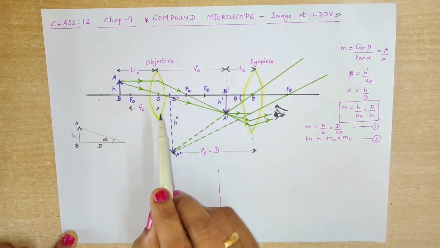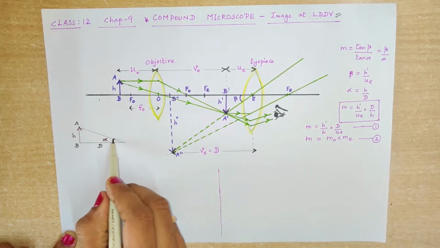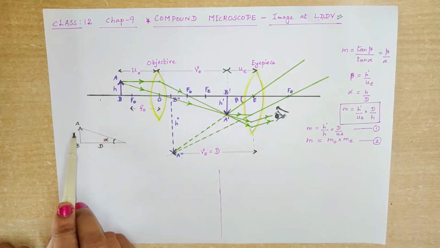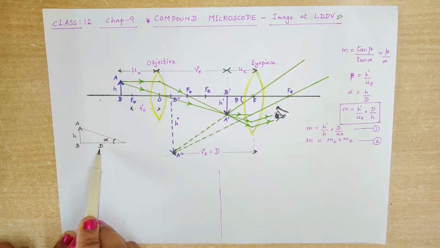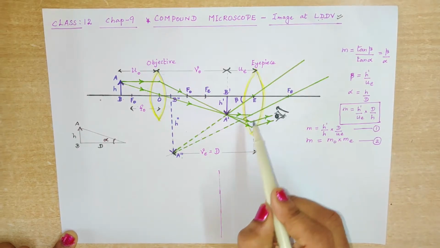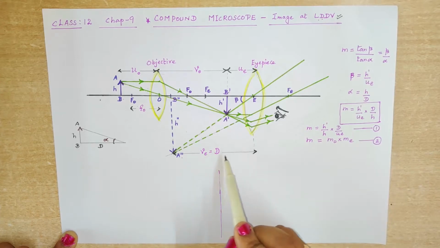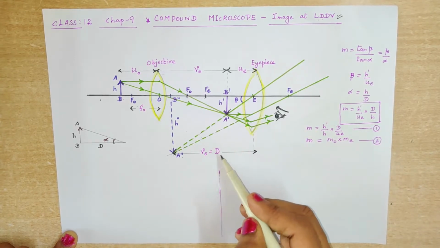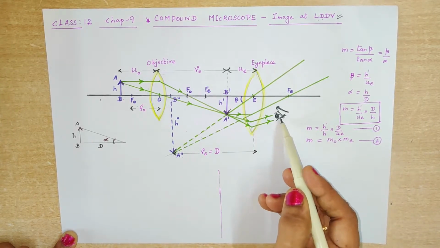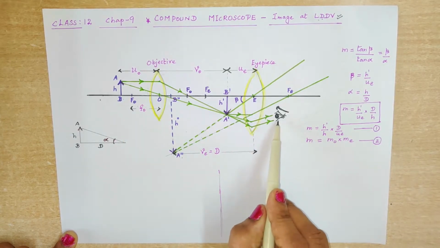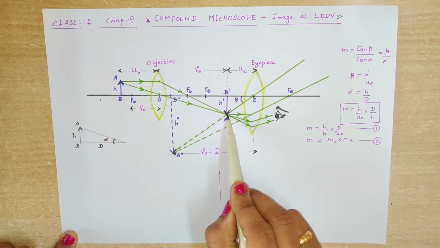You can also see the angles which are labeled. This is alpha, that is the height AB upon the least distance of distinct vision. The object is also adjusted, and you can see the final image is adjusted in such a way that it will be formed at the least distance of distinct vision.